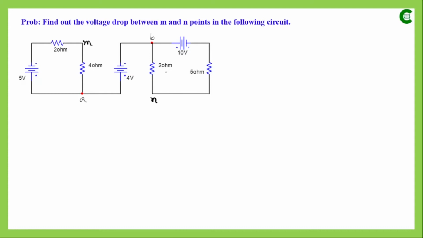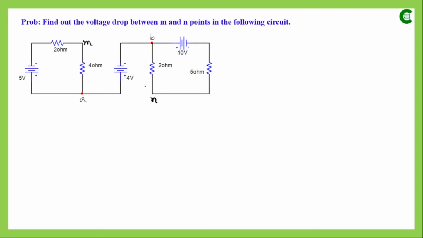So when we find the potential difference between M point and N point, we have to consider the voltage difference across this resistor, the voltage value of this voltage source, and also the voltage difference across this 2 ohm resistor. So we have to consider all these three components and their voltage values.